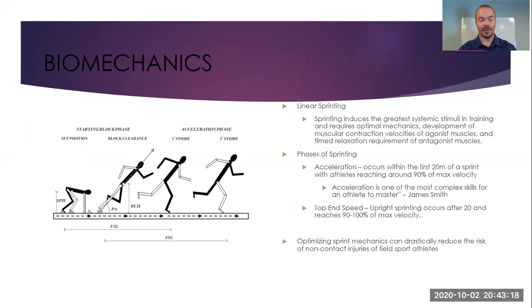In this graphic, it is labeled as block clearance, but we could just as easily see a basketball player, a soccer player, a football player being in that second position during the middle of a play. All it takes is one turnover, and you're going to see all the athletes on the field decelerate, hunker down, and then turn around and start running towards the new direction of the ball.